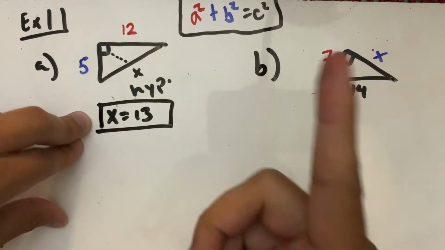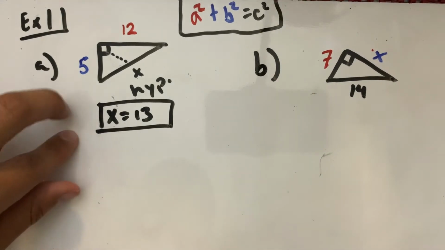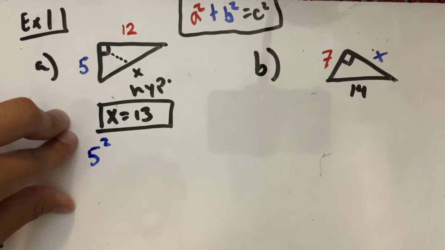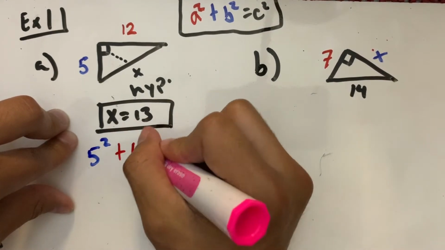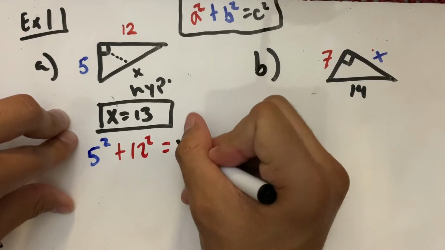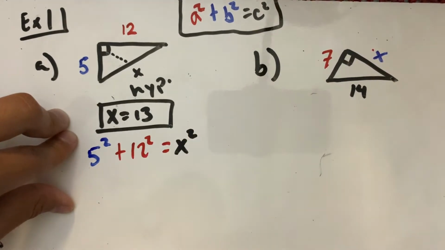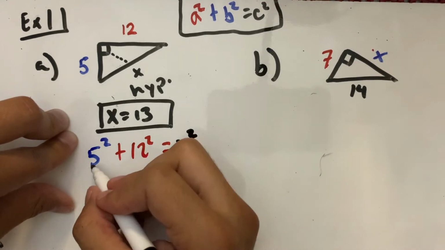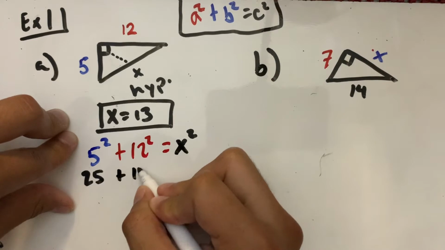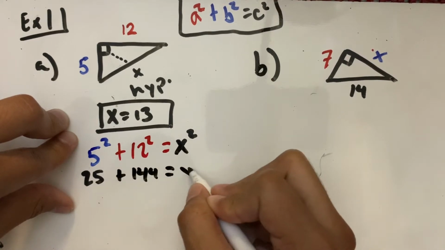All right. If you did want to do the math, we'll do it really quick. It's going to be 5 squared plus 12 squared is equal to this X value squared. Very quickly, 5 squared is 25, 12 squared is 144, and this is going to be equal to X squared.